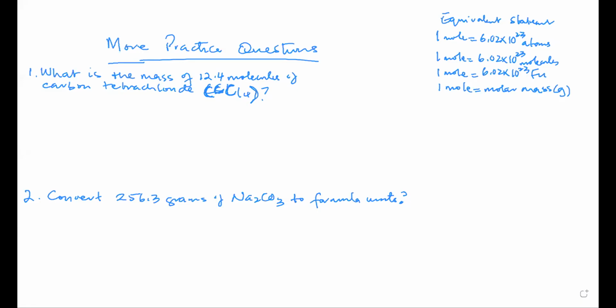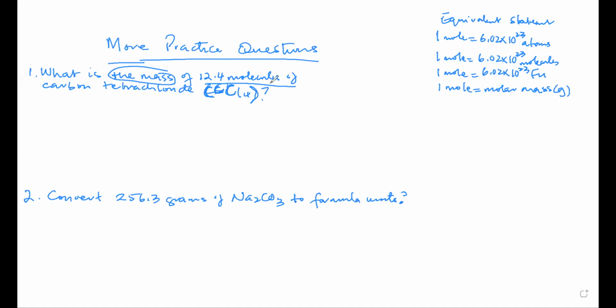Okay, hopefully you did this correctly. Let's do it together. Again, what is the mass of 12.4 molecules of carbon tetrachloride? We have 12.4 molecules, and we don't know the mass. So is there a relationship between molecules and mass?